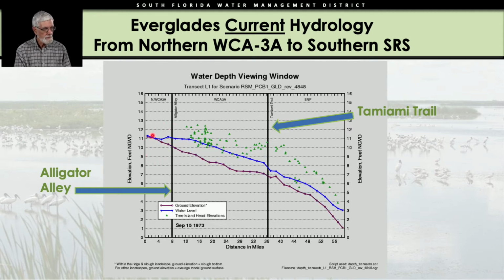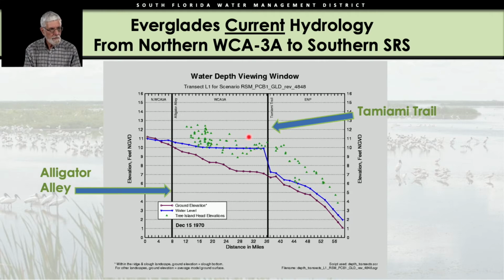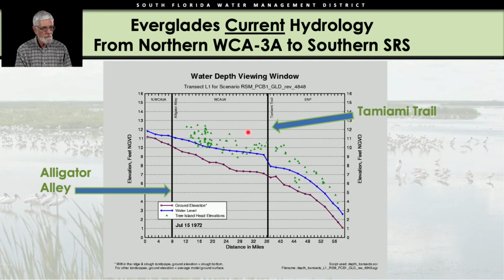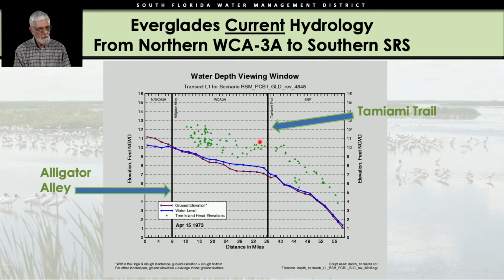It continues to oxidize, burn and subside. Then we have this wedge effect: when it hits Tamiami Trail, the tree islands in the southern part of 3A go underwater, which is a significant irritation for the Miccosukee tribes, who use these tree islands for ritual events and culture, and none of the tree islands are going underwater, which they need for hydration in Everglades National Park.